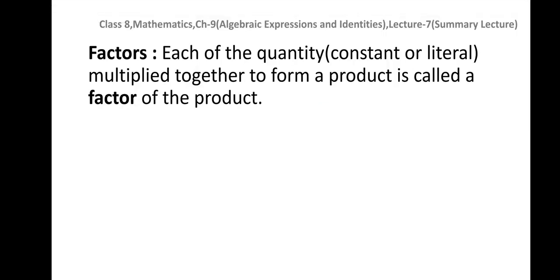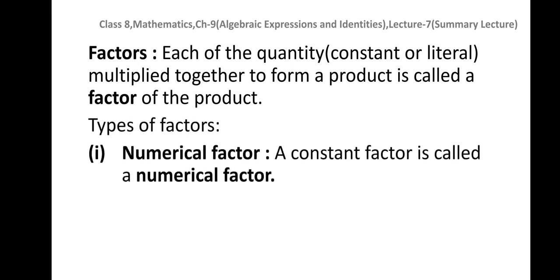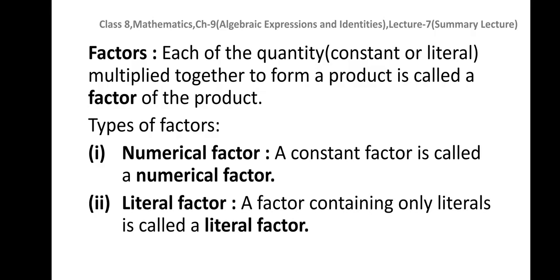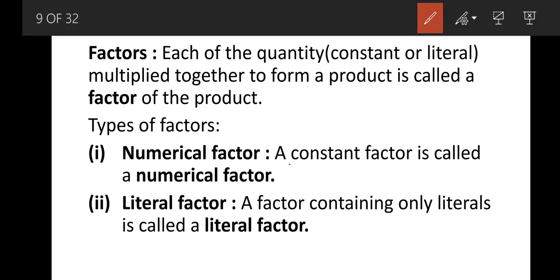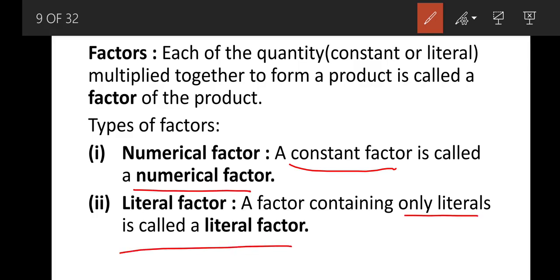Now, what do you mean by factors? Each of the quantities, constant or literal, multiplied together to form a product is called a factor of the product. That means there are two types of factors. One is numerical factor and another is literal factor. A constant factor is called a numerical factor, and a factor containing only literals is called a literal factor.